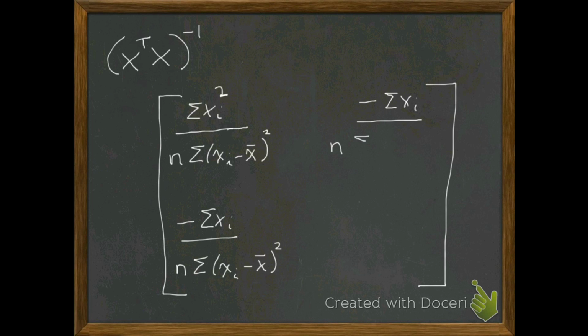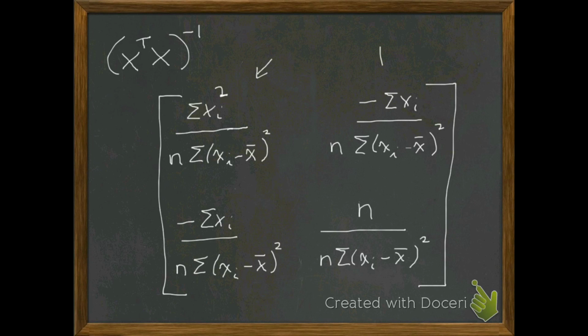So n times the sum of xi minus x bar squared. And of course, our A was just the sum of our ones. Now this may be cheating a little bit, using this whole A inverse, small d over capital D for this term, and whatever. We can all get over that.